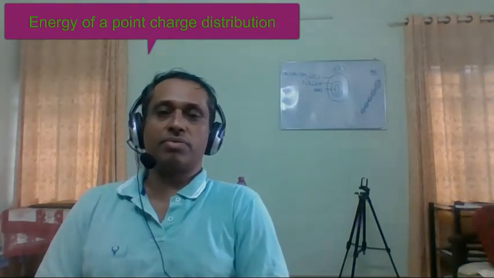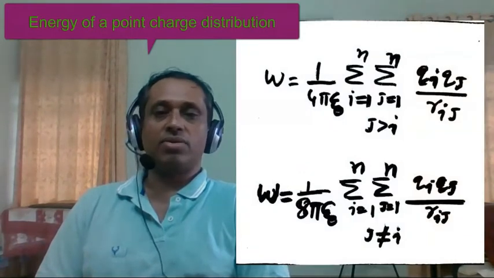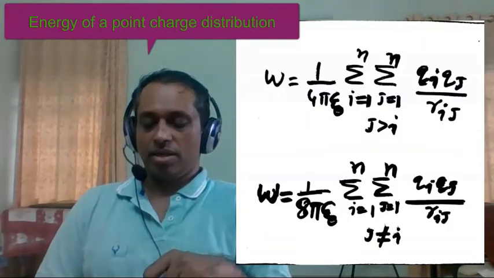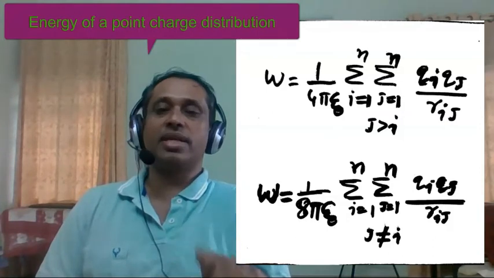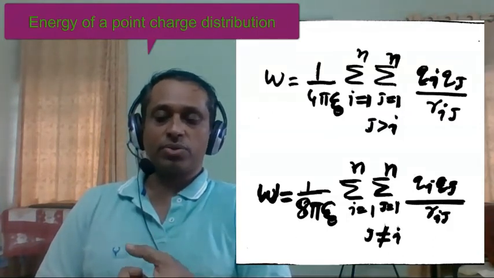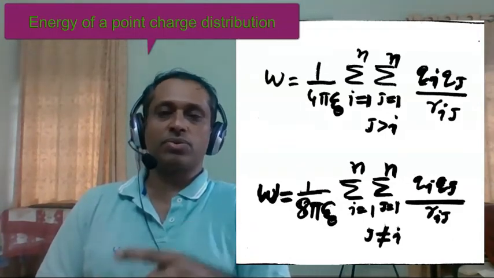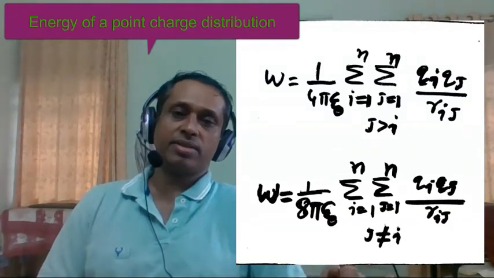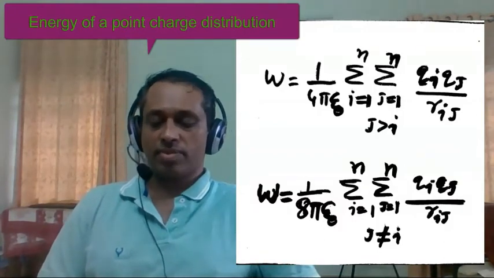Very simple: 1 by 4 pi epsilon 0, sigma i equal to 1 to n, sigma j equal to 1 to n. We have two summations, a double summation. And when we sum, we have to take care that j is always greater than i. When we have Q1, Q2, Q1, Q3, Q1, Q4, Q2, Q3, Q2, Q4, Q3, Q4, we see the number of the second charge is greater than the first charge.